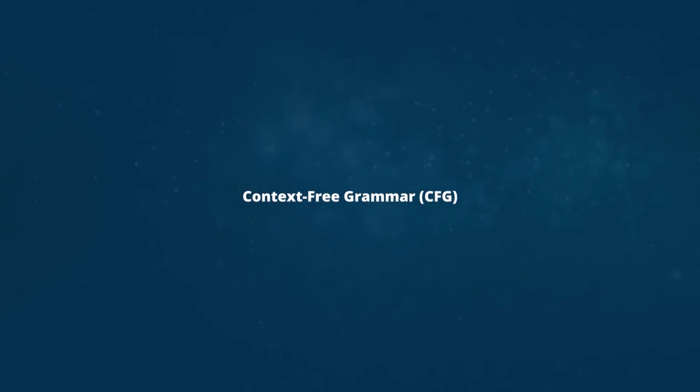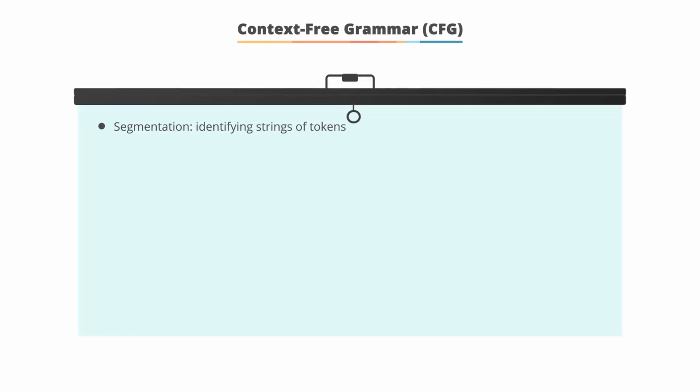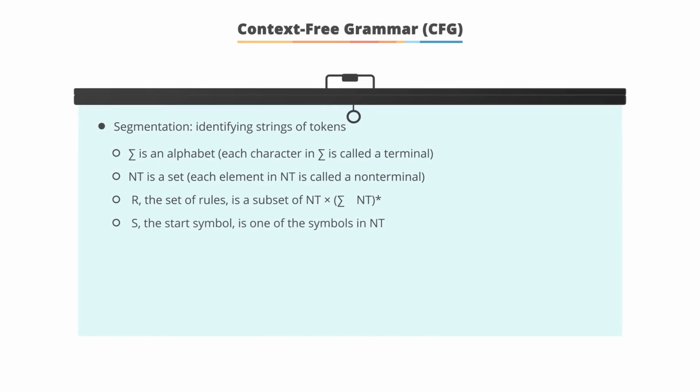Let's understand how to use context-free grammar. A context-free grammar is a four-tuple (Σ, NT, R, S), where Σ is an alphabet and each character in Σ is called a terminal. NT is a set and each element in NT is called a non-terminal. R, the set of rules, is a subset of NT times the set of Σ union NT.